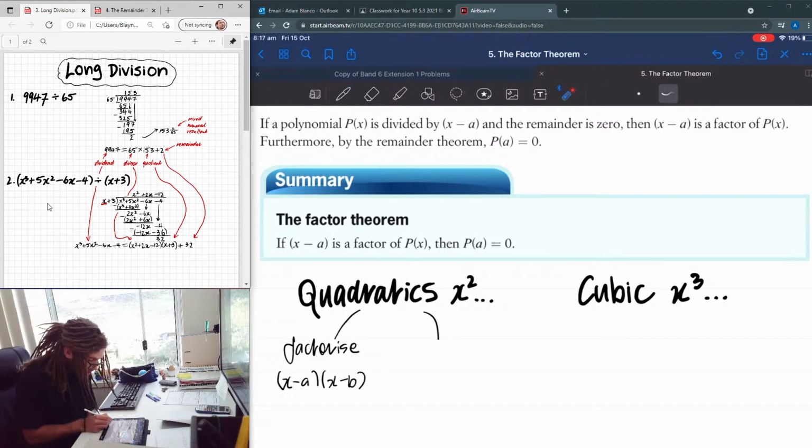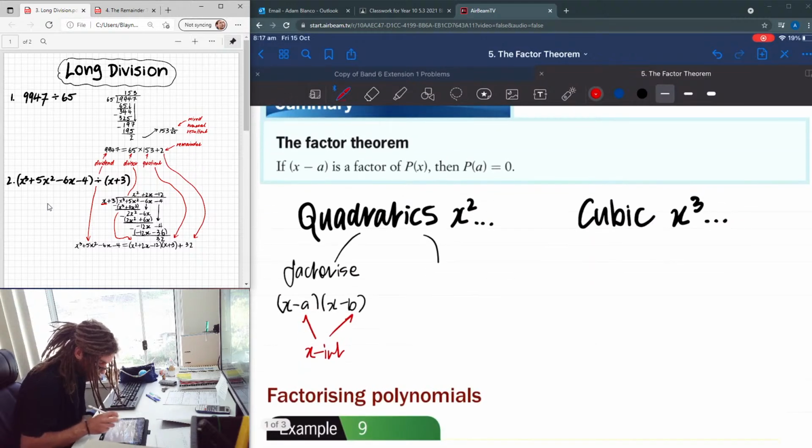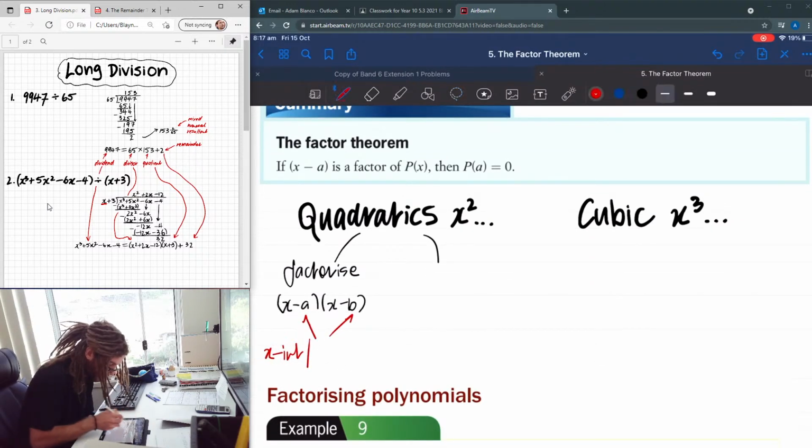Once I have that, these two things here, you might want to call your x-intercepts, and there are a couple of different words for them. Actually, let's write them. They're either your x-intercepts, or another word is roots, or another word is zeros.